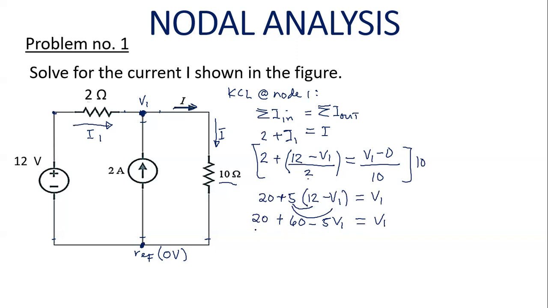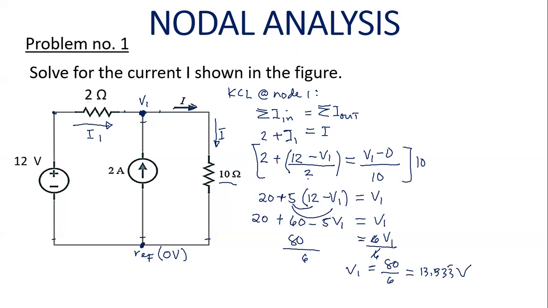So we have the constants 20 and 60 here, so it is 80. And let's transpose the negative 5 V1 to the right side. It becomes 6 V1. So dividing both sides by 6 to solve for V1, V1 is equal to 80 divided by 6, or 13.333 repeated 3 volts.